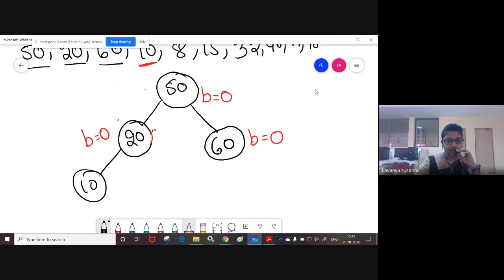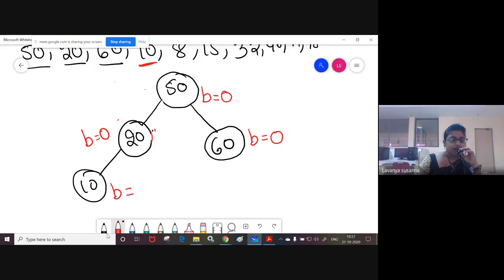Now find out the balancing factor. Just wait. Remember, after inserting, for each and every node, again for the root node, you need to compare the balancing factor. Sorry, find out the balancing factor.